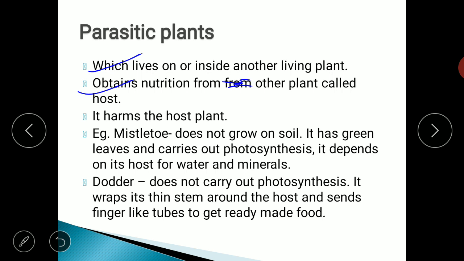Phloem is the food conducting tissue of the host plant, and it steals its nutrients. This always harms the host. So the parasitic plants are those plants which get the nutrition from another plant, which is called the host, and the host plant is always affected.